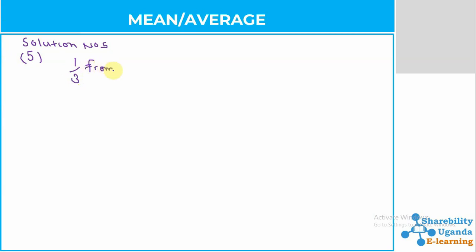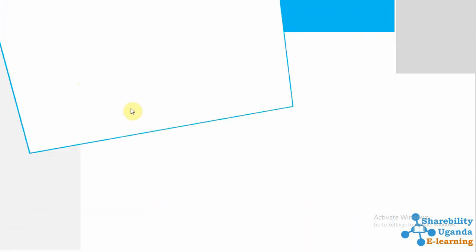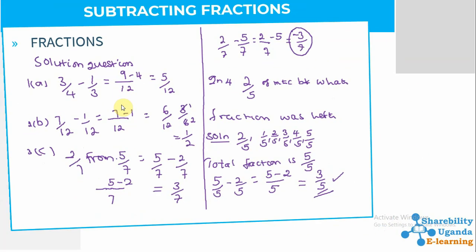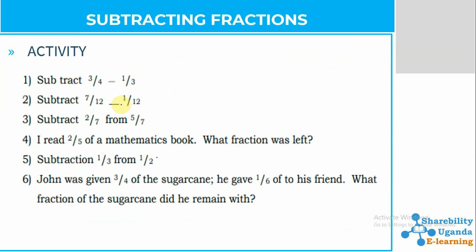They put the word from a half. They are saying from what? From a half. So we said when they give you a number that has the word from, you start with the fraction and then you subtract it from the first one.